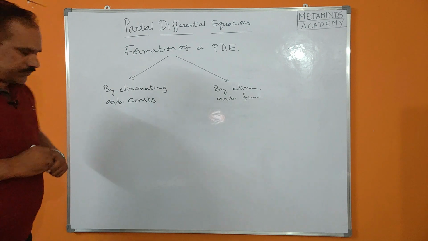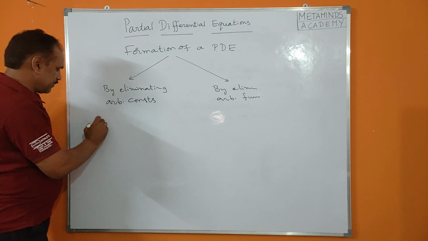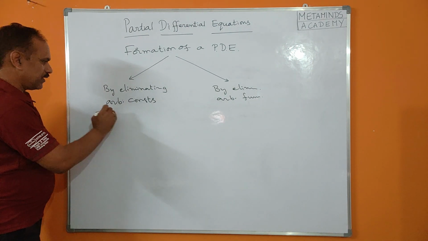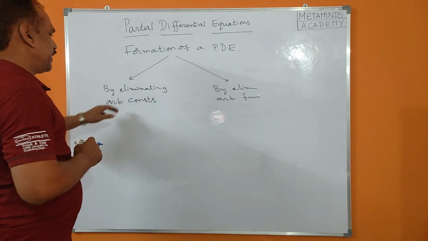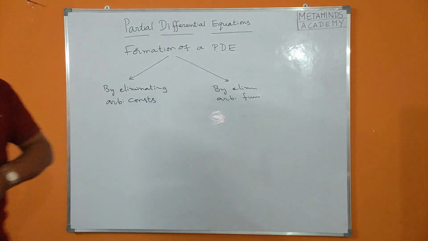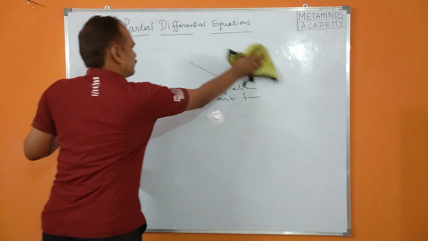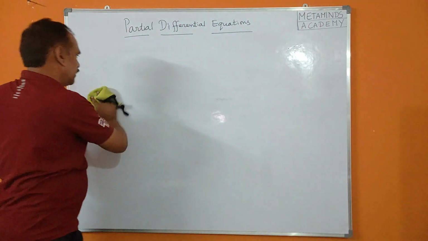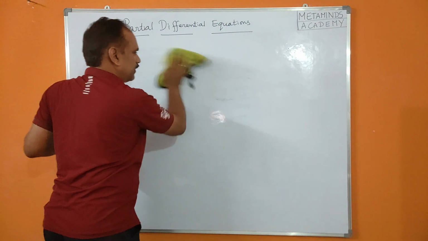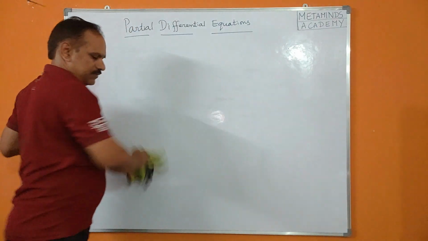For example, let us start with eliminating arbitrary constants. How to eliminate arbitrary constants from a given function?